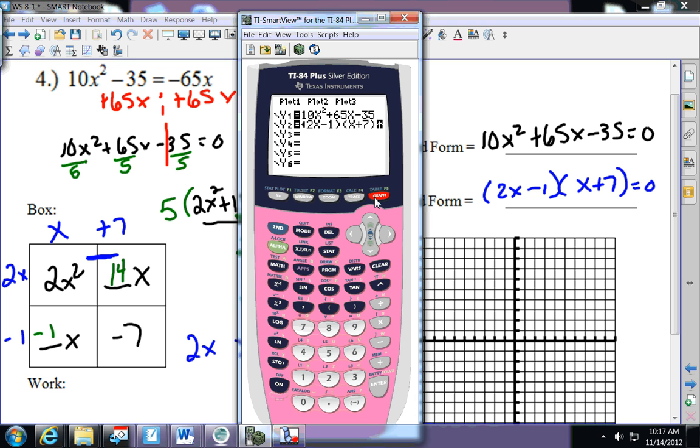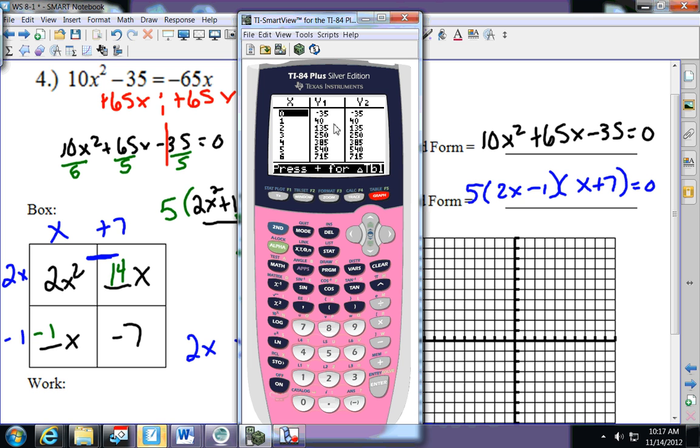Second graph. Oh, what'd I do wrong? Oh, I see what I did wrong. I forgot to put the 5 down there in front. So I'm going to go second, insert 5. Now when I go second graph, they're the same, and I can find my solutions.